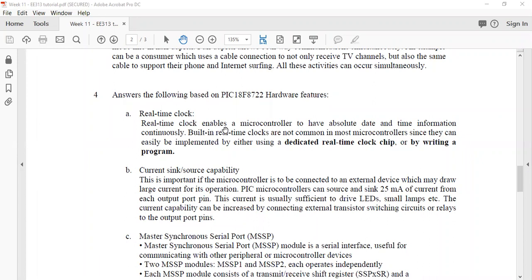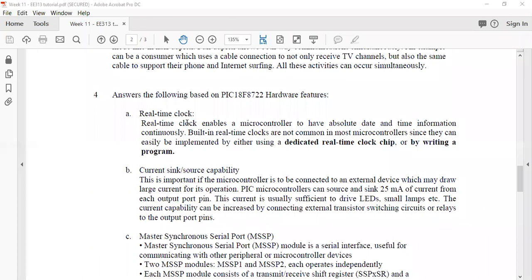A real-time clock enables a microcontroller to have absolute date and time information continuously. But built-in real-time clocks are not common in most microcontrollers, since they can easily be implemented either by using a dedicated real-time clock chip or by writing a program. We have already discussed this.